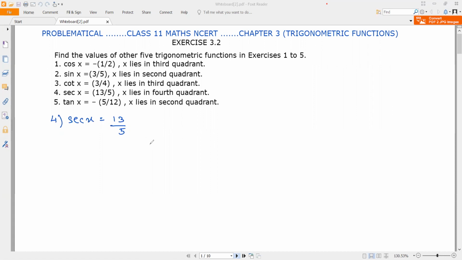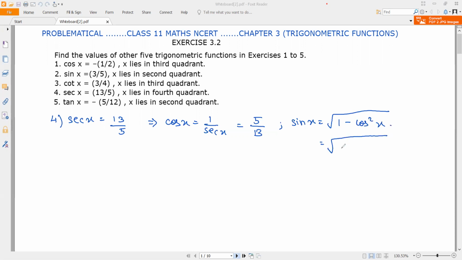So in the fourth quadrant, we have sec x as positive and cos x as positive, and all the remaining trigonometric functions will be negative. From this, we can get cos x is equal to 1 upon sec x, which will be equal to 5 upon 13. Now, from cos x, we can get sin x. Sin x is equal to root of 1 minus cos square x.